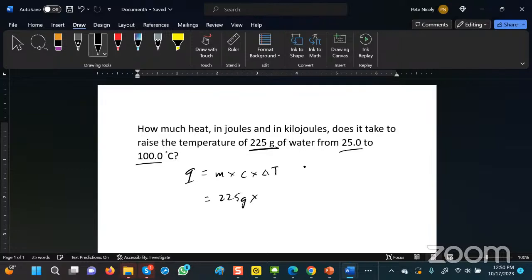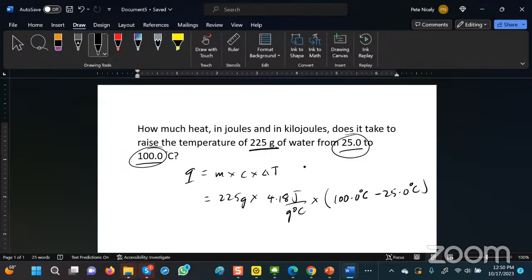Now c is, as I said before, 4.18 joules per gram degree Celsius. And then delta T would be the change in temperature. It's the final temperature minus the initial temperature. So it's going to be 100.0 degrees Celsius minus 25.0 degrees Celsius. And basically you have to do the computation after this.